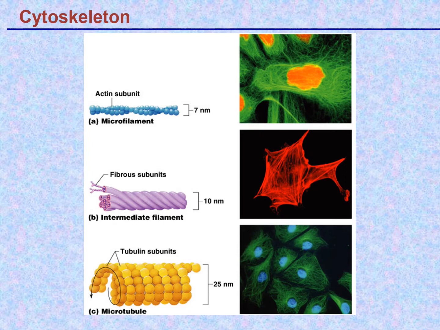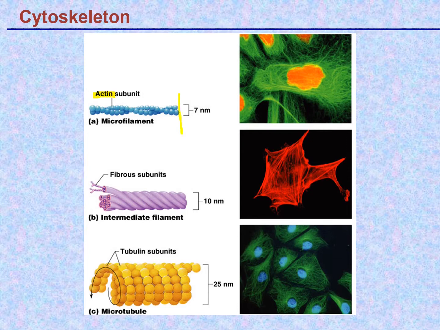This diagram on the left is a diagram, and on the right are photographs taken with a microscope. On the left, you see a microfilament made up of repeating units of a protein called actin. You can see that it's made up of long alpha helices of proteins.